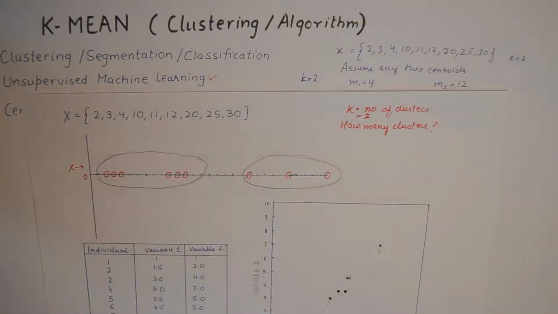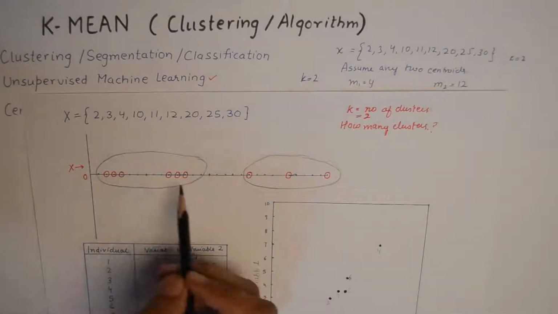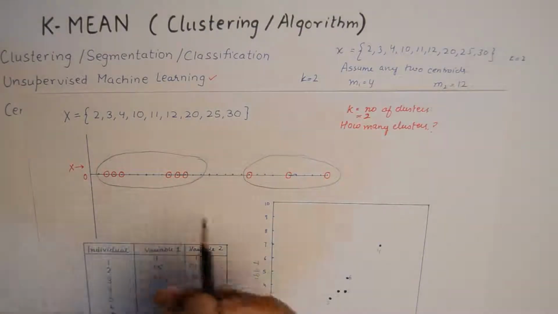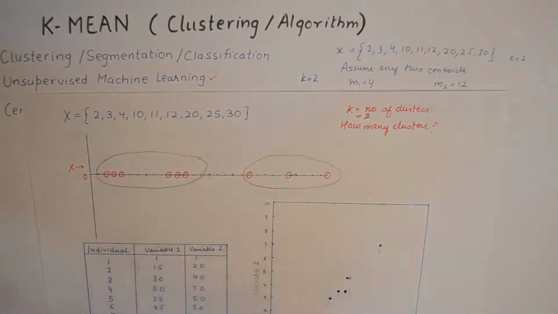So that is supervised machine learning. But k-mean clustering algorithm will not do that. It simply looks at the data points without any bias. It does not know that these are the marks of the students.